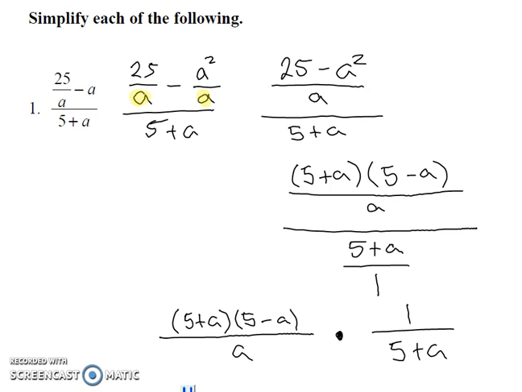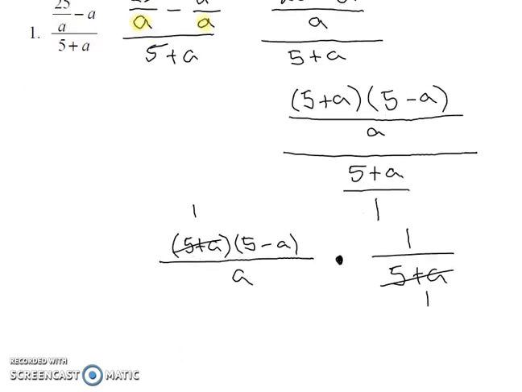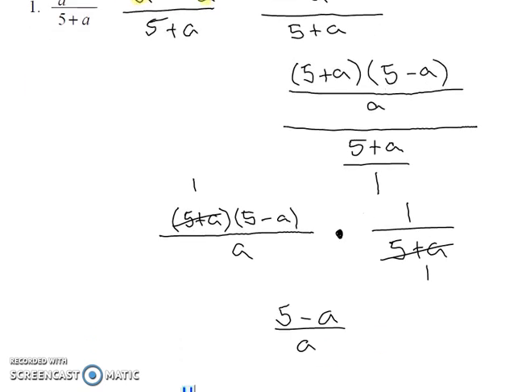We now have 5 plus a times 5 minus a over a times 1 over 5 plus a, and hopefully you can see that 5 plus a over 5 plus a is just 1. So we're really just left with 5 minus a over a. And that's pretty much your answer.